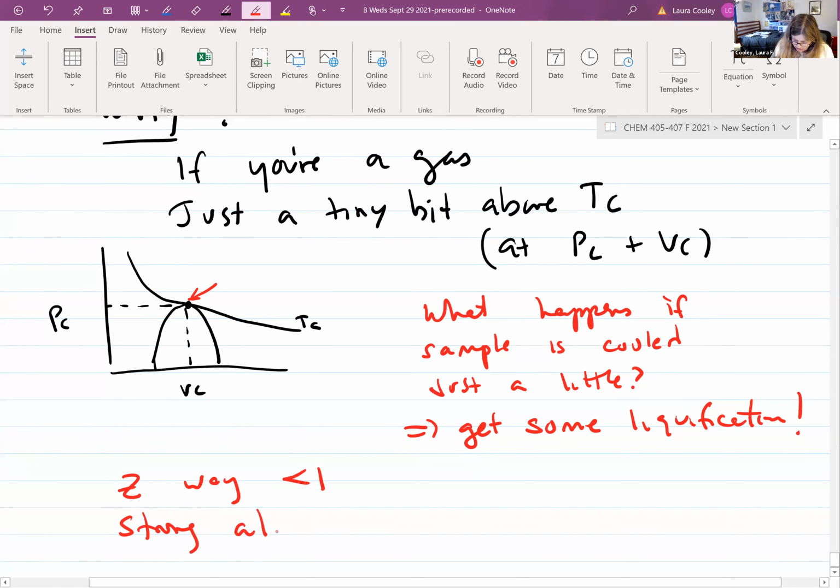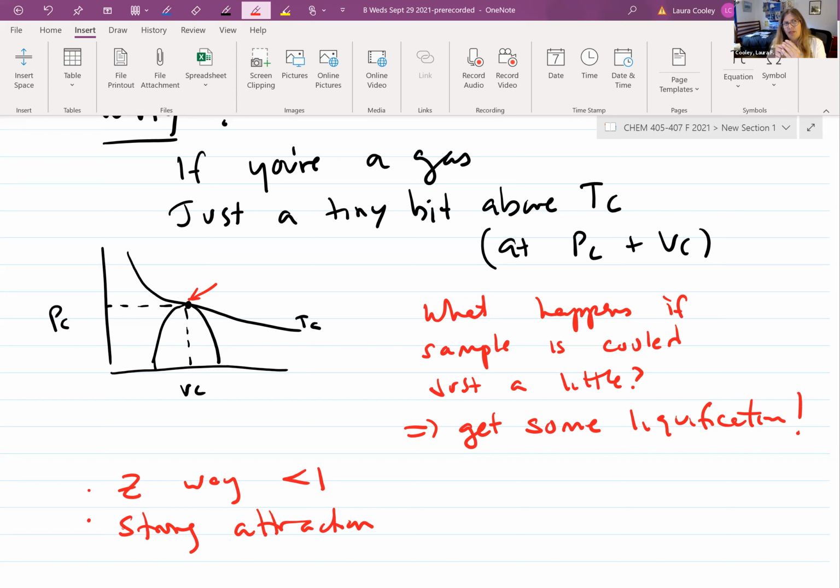Strong attractions. Now, this is true whether the gas is helium or water. If it's just above its critical temperature, which for helium might be 5.3 Kelvin, with whatever its PC and VC is. For water, it's going to be 648. Did I say Celsius? I meant Kelvin.